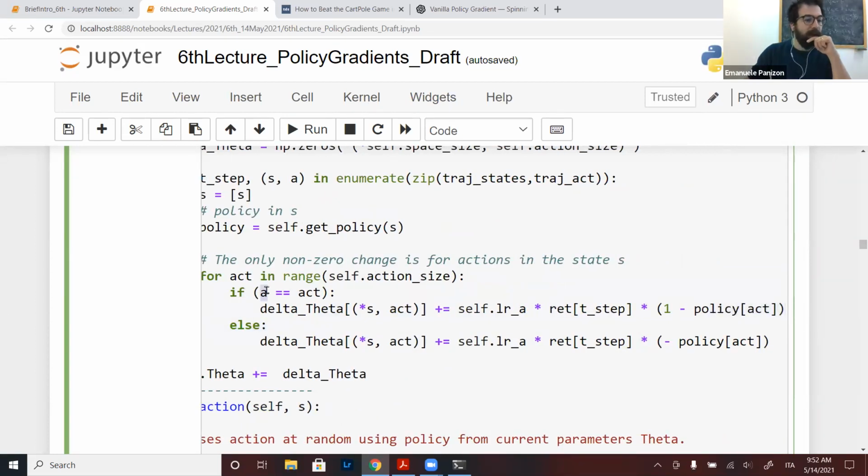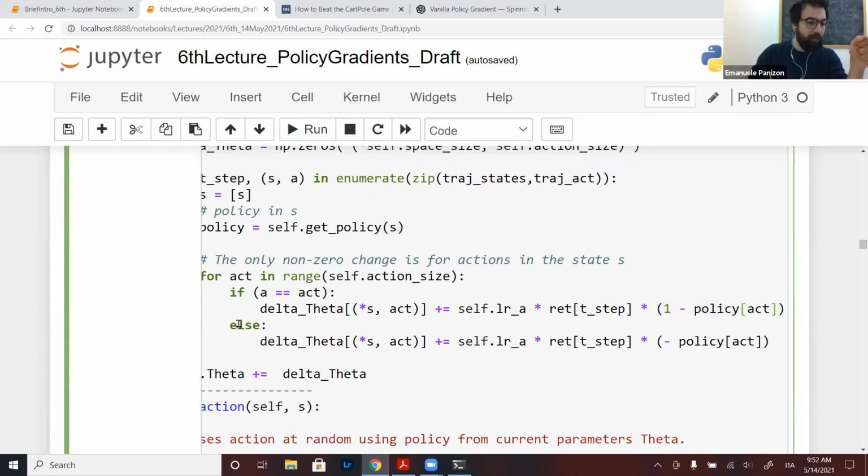if the action I really took is the one I'm considering, then the change is alpha G_t for that step, 1 minus the policy. Okay, this is the estimator for the quality Q. This is the derivative of a logarithm of the probability for the action I really took.